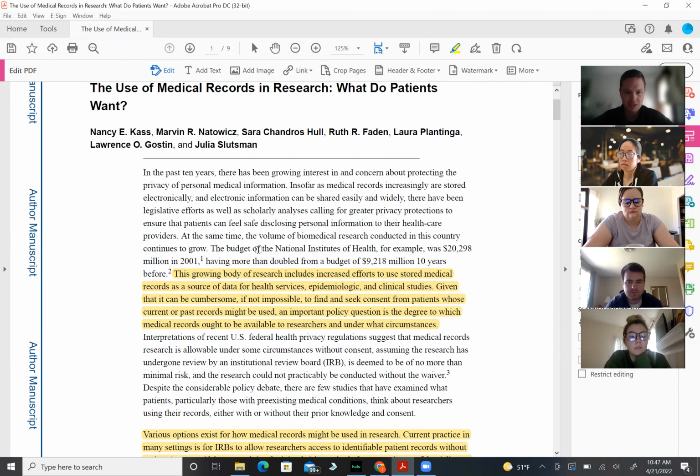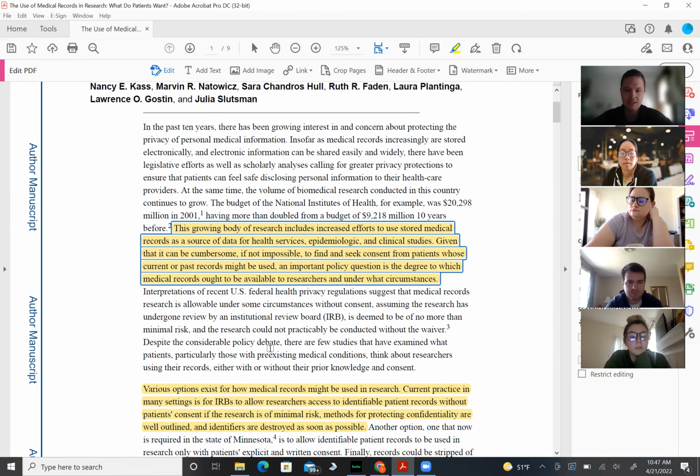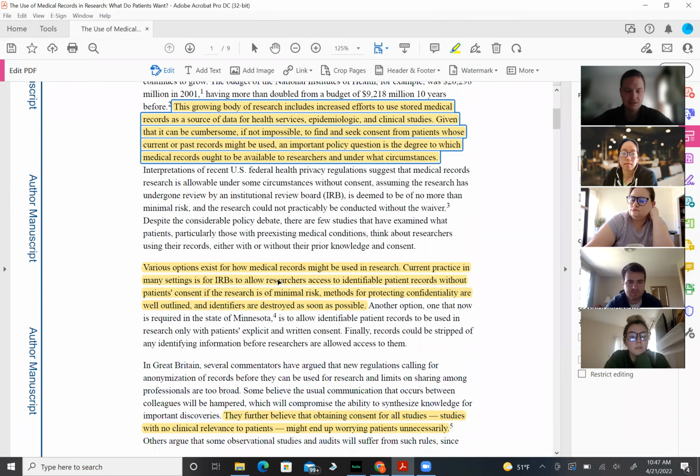In the introduction, it talks about how it can be cumbersome, if not impossible, to find and seek consent from patients whose current or past medical records might be used. It's an important policy question, the degree to which medical records ought to be available to researchers and under what circumstances. The second paragraph talks about the IRB process for this, which is exactly where our study falls.